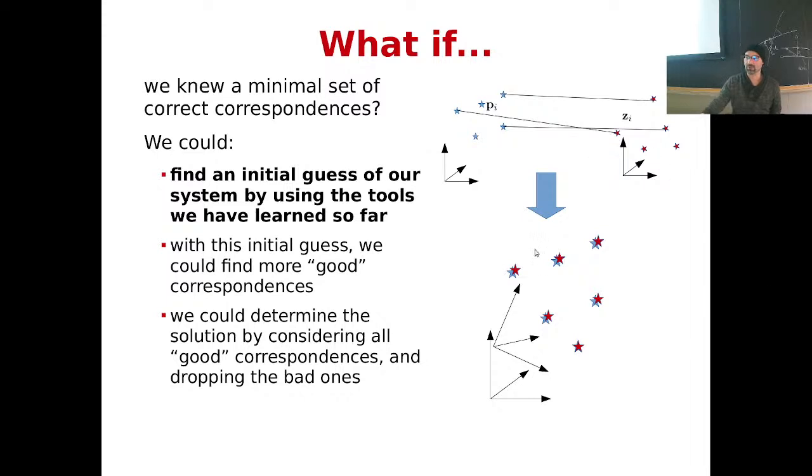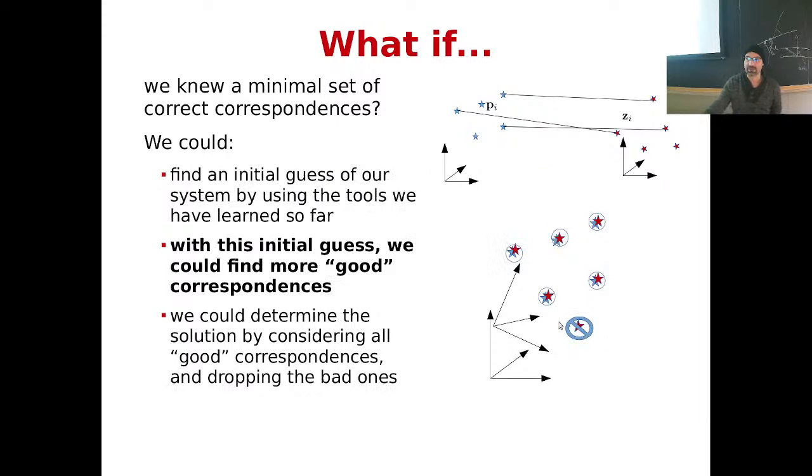I calculate the solution, which is this one over here. And then I will notice by this solution that there is one point which is not confirmed, and all others are, right? So this solution will have a certain number of good points, which is good correspondences, which we call inliers. Okay?